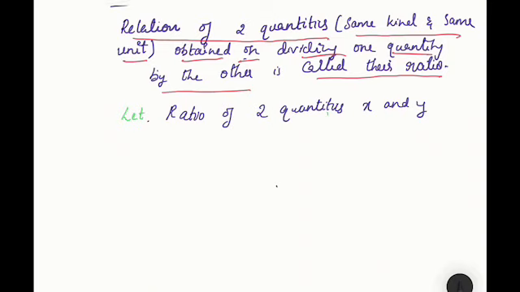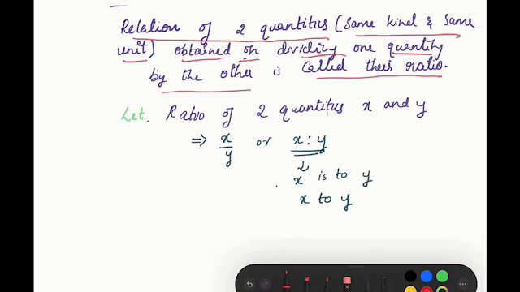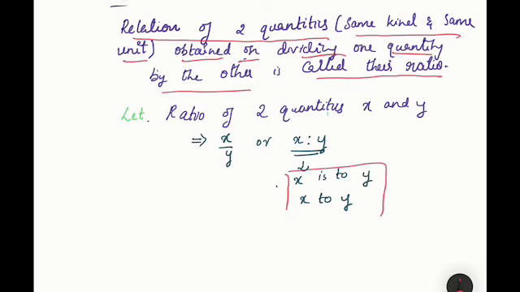The ratio will be written as x by y, or often we write it like this. Ratio means x is to y. You can read it like this, x is to y, or x to y. Whichever you are comfortable, you can use it.